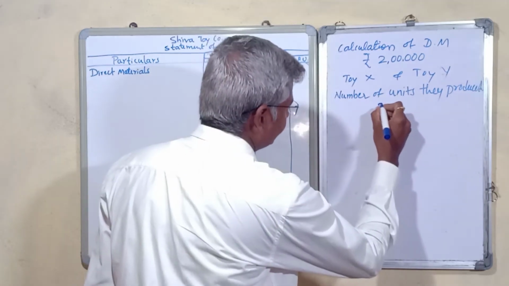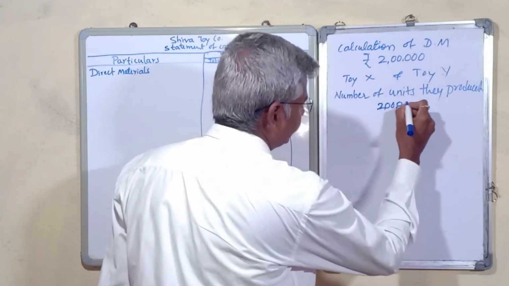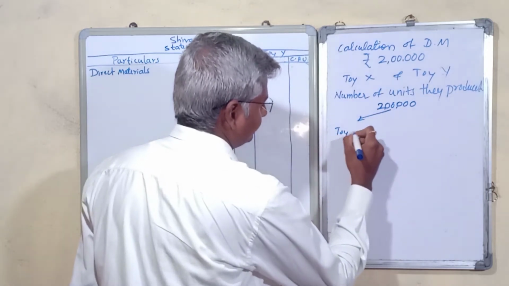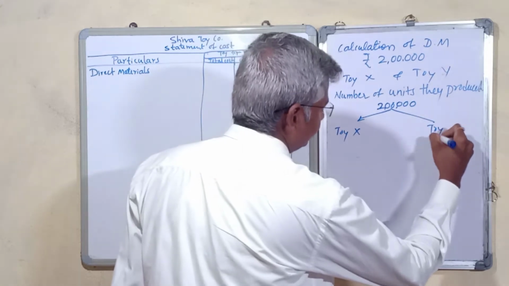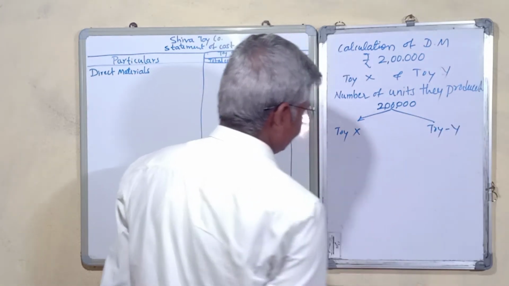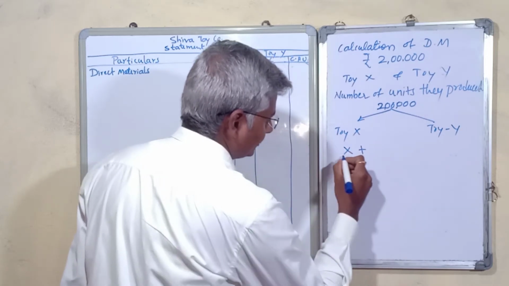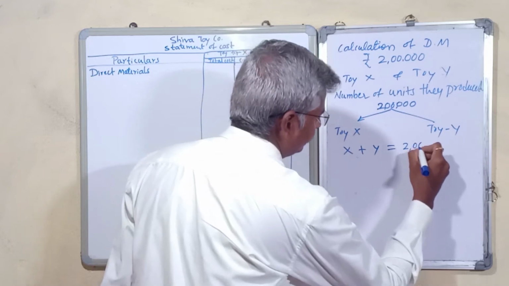This 2 lakhs is to be allocated to toy X type and toy Y type. That is, cost of X plus cost of Y equals 2 lakhs.